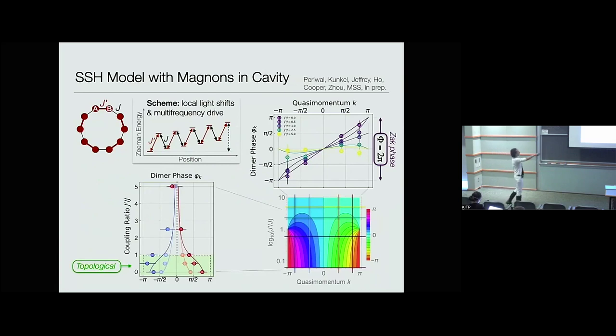But the key point is it allows us to use two different frequencies of the drive field to control the J prime and the J coupling to form this dimerized chain. And if we want, we can use one additional higher frequency to connect the two ends of the chain. Okay, so this gives us a way to engineer this model.